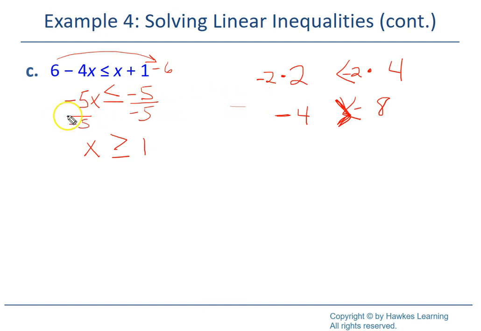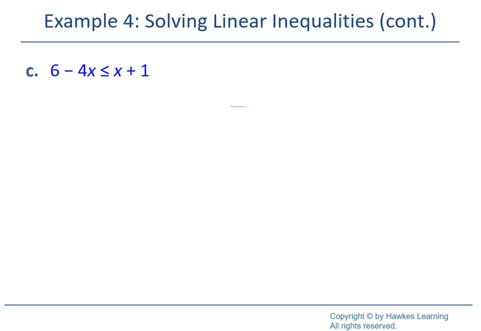If you have to divide your variable by a negative or multiply by a negative, to keep the inequality true, you have to reverse the direction of your inequality symbol. So keep that in mind.